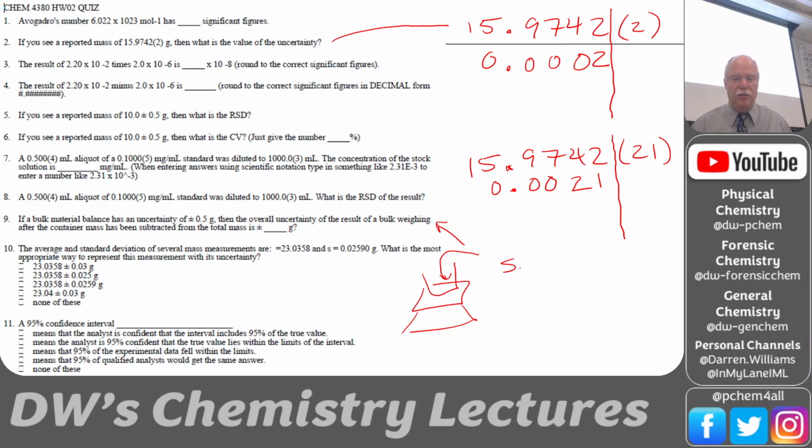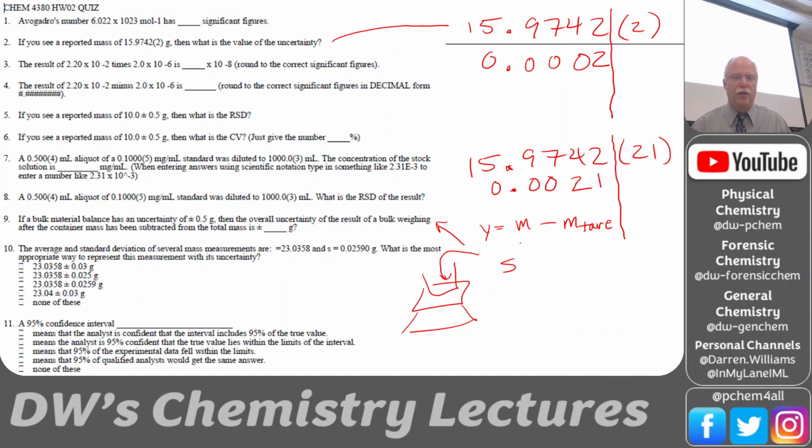So let's just look at the equation. Y would equal mass minus mass tare. So that's the container mass or whatever it is you're canceling out so that you can get the difference between those two.